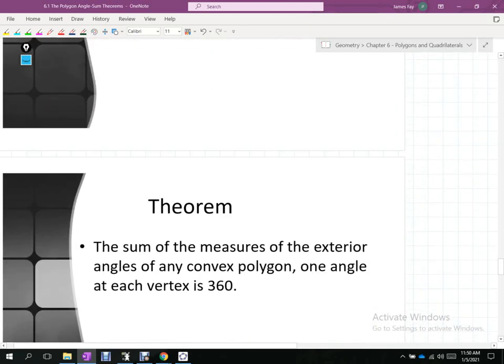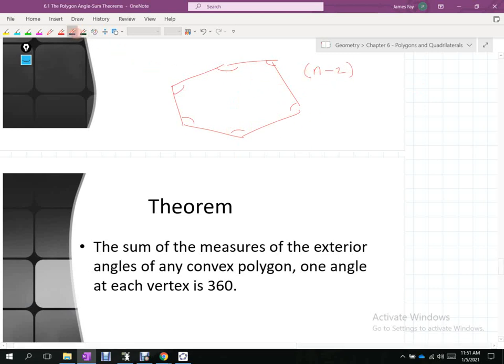All right, so yesterday we said, when we want to determine the number of degrees in a polygon, let's say that I've got that polygon there, okay? And I want to figure out how much all of these angles add up to. We take the formula n minus 2, okay?